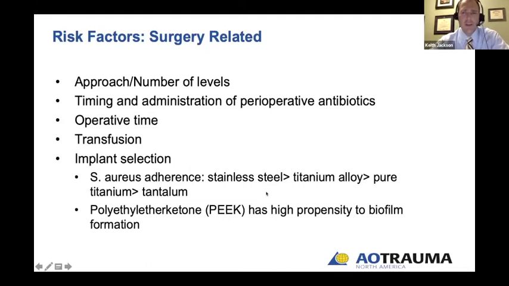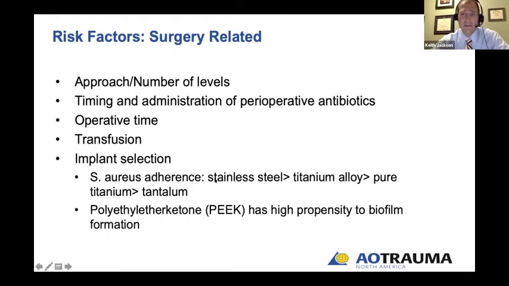Then there's an interesting line of research on bacterial adherence to commonly used materials. Staph aureus is the most common pathogen in both acute or late infections, and it adheres preferentially to different types of materials.